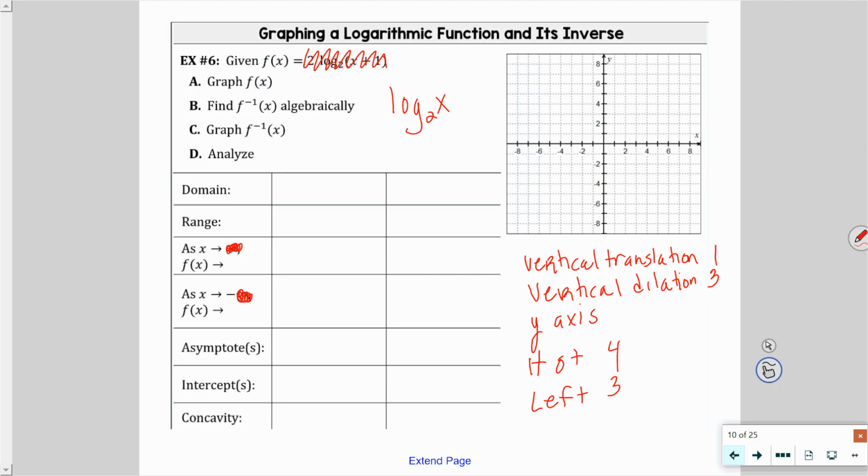Okay, so you're writing a new function, you're sketching it, you're analyzing it. I want you to do all of those parts of analyze. You don't necessarily need to find the inverse right now.